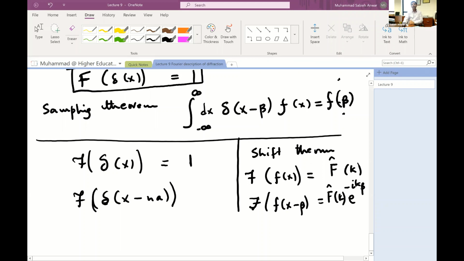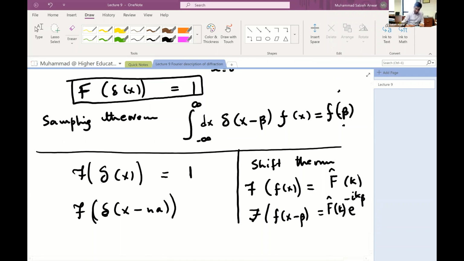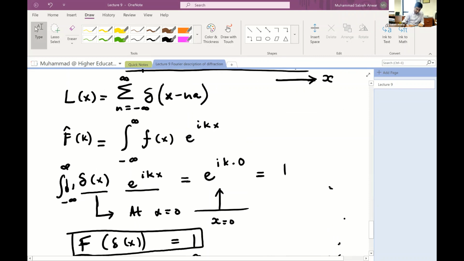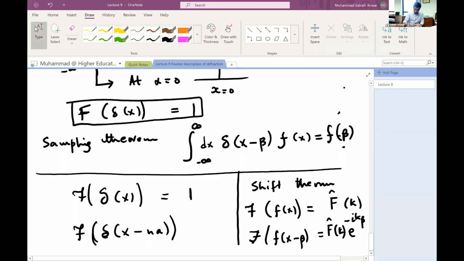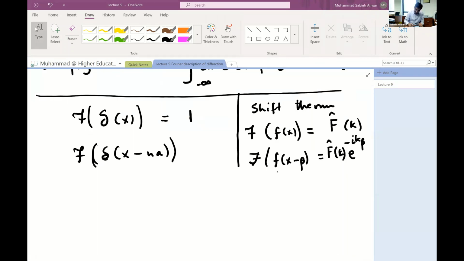And you can prove this simply by looking at the definition of the Fourier transform. Probably I'll give this as homework. So if I translate the function by b units, it has the same effect as multiplying the Fourier transform by an exponential function.